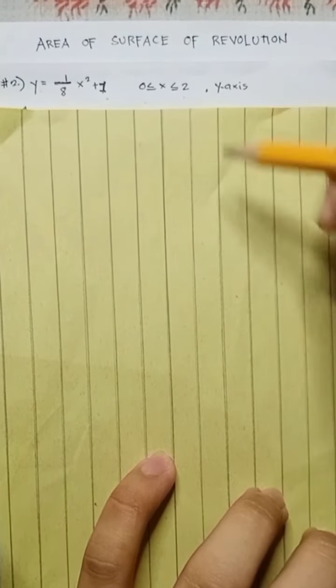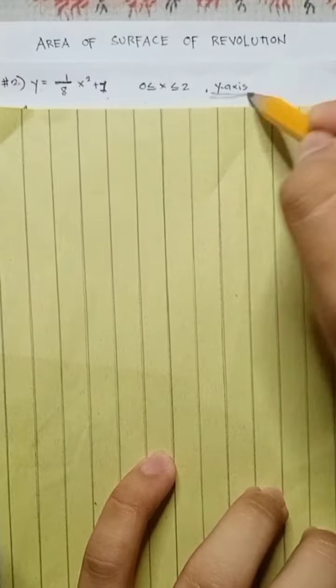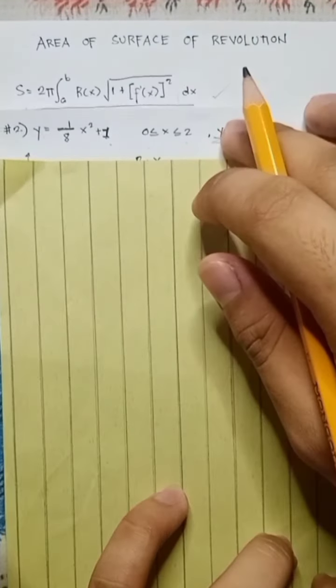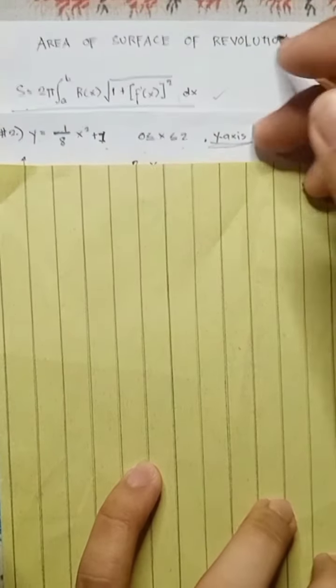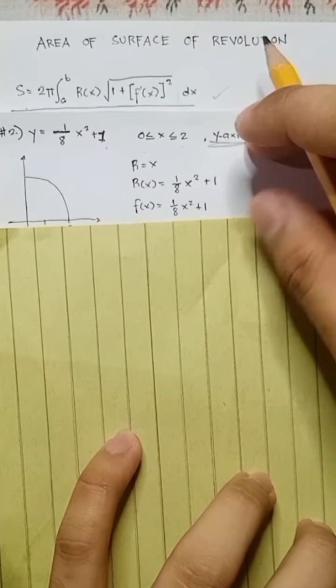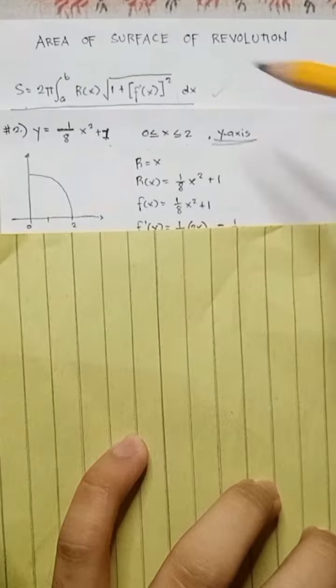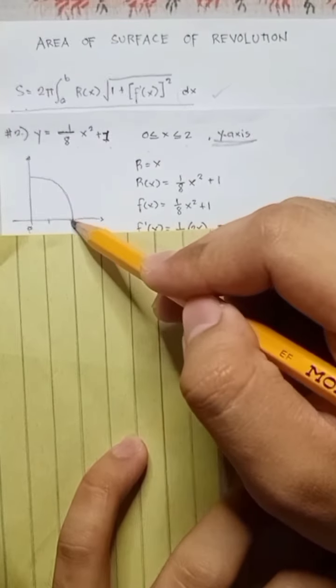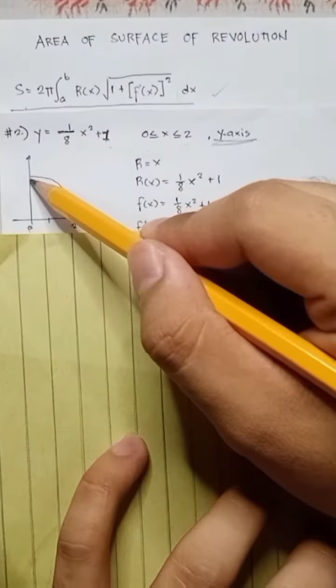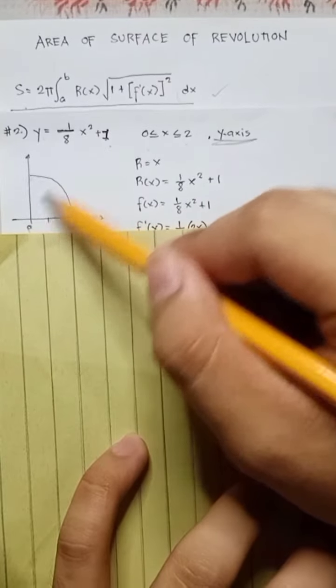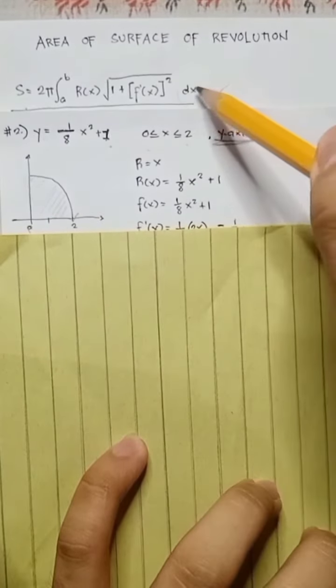Then, rotated at y-axis natin. So, formula natin ulit. The same pa din siya. Nagbago lang is yung given. So, kung i-graph natin tong given, ganito yung kalalabasan niya. So, 0 to 2, magiging downward siya na graph. So, itong area ulit natin dito, ito yung kukunin natin gamit yung formula na to.